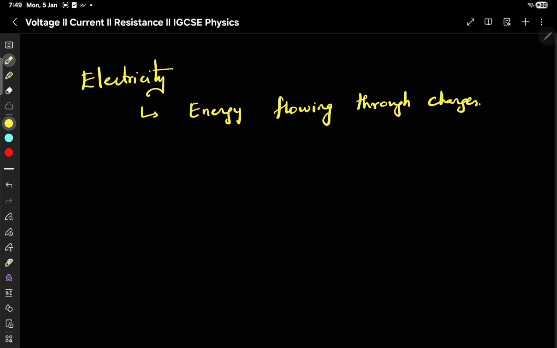Before going to voltage, we have to know what is the difference between EMF and potential difference. So let's see that.